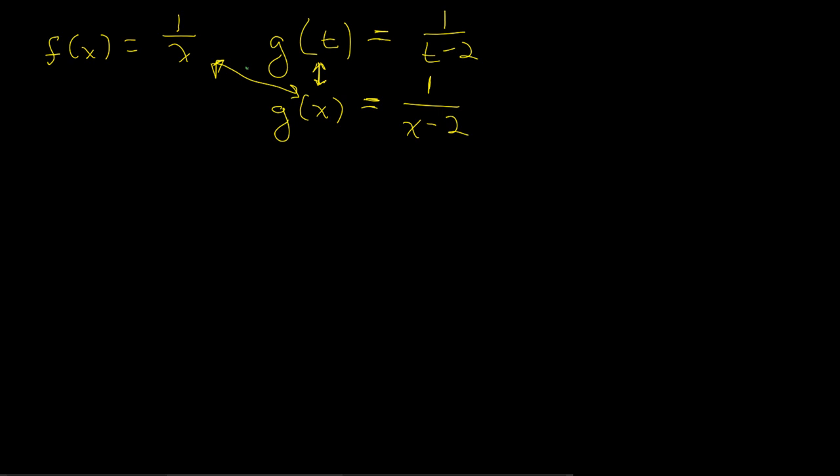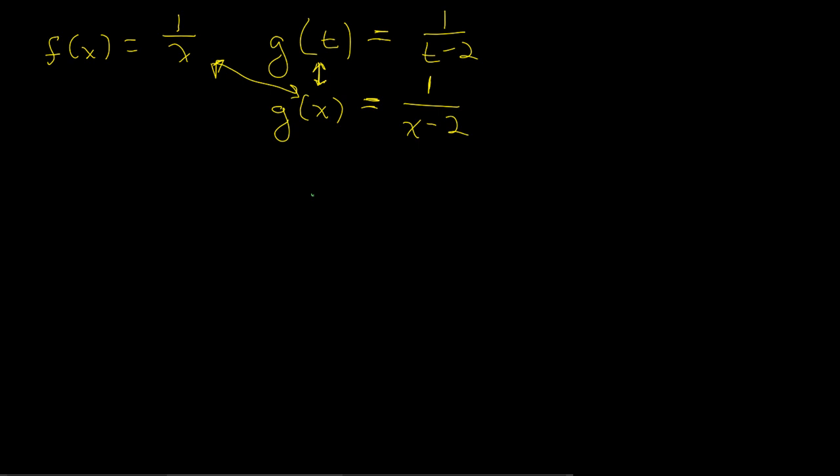Right? When we put things into the parentheses of a function, it doesn't have to be a number. It can be another variable. We can translate functions, like we did when we were translating graphs. We can drop in an x plus 2 or an x minus 2 to shift things around.